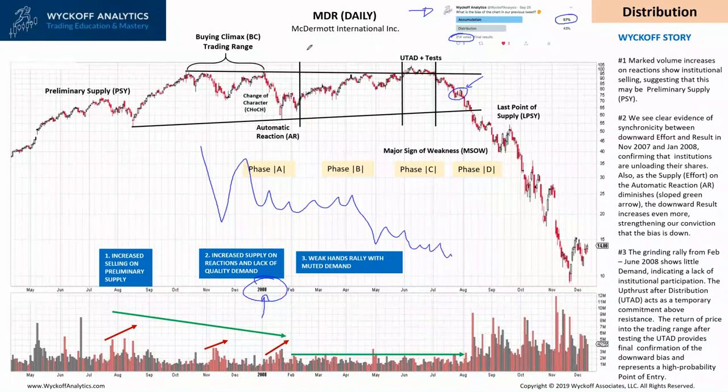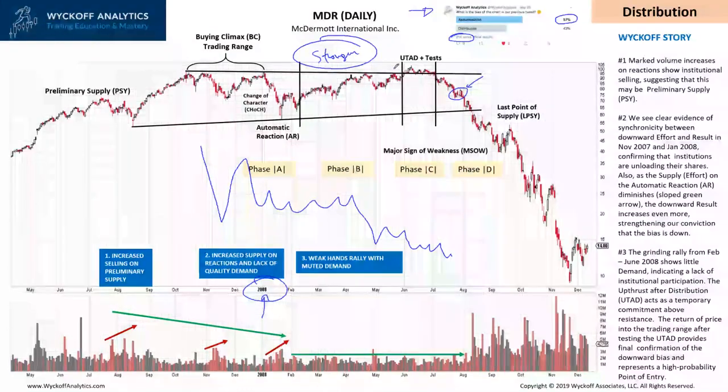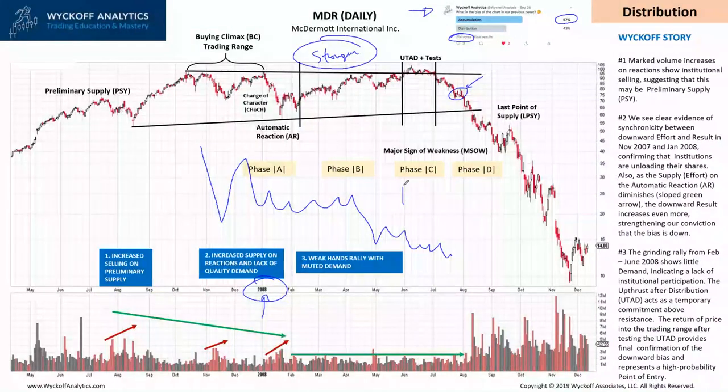At this point in time, this stock is stronger than the market. So naturally, for institutional money managers, what are they going to do when the market is going down? They have to be invested in their positions. So they will naturally be inclined to go into the positions that are outperforming based on relative strength.